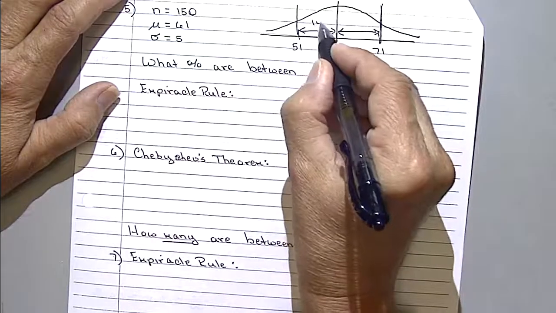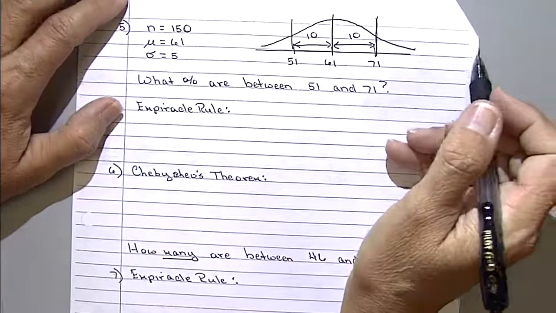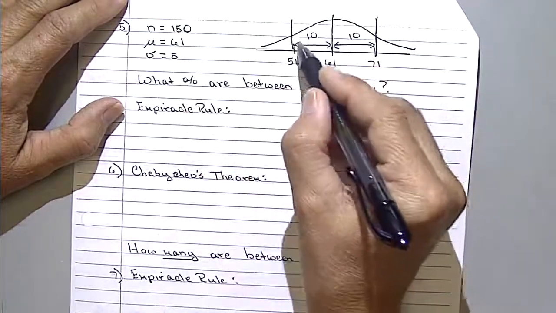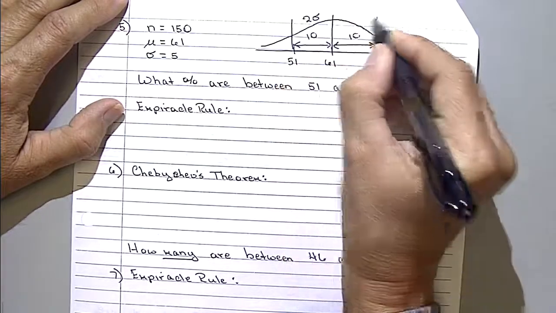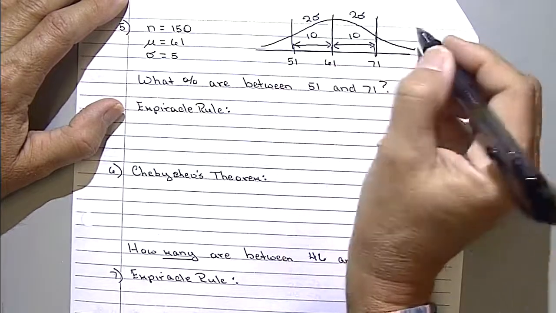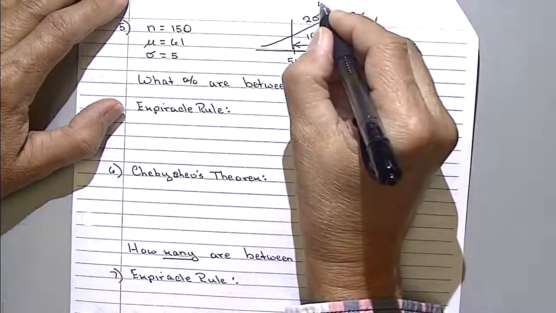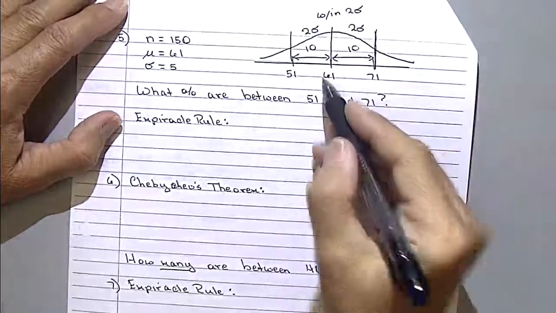This is a distance of 10, and it has to be the same distance for both of them, right? So if 1 standard deviation is 5, how many standard deviations is this? This is 2 standard deviations, and this is 2 standard deviations. So what am I saying? It is within 2 standard deviations of the mean, right?